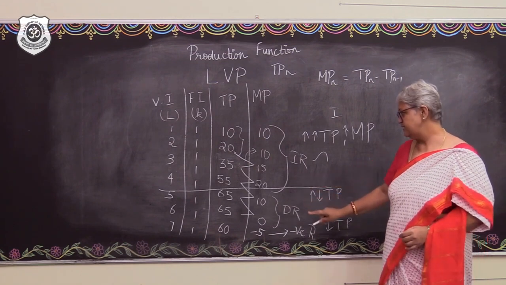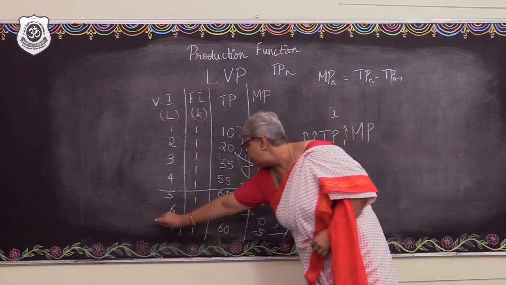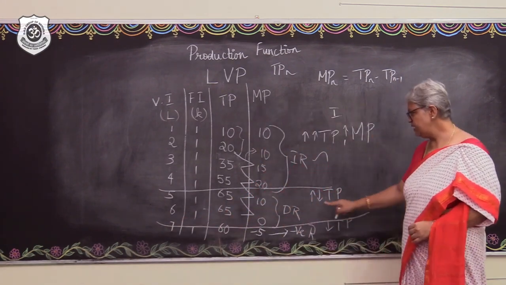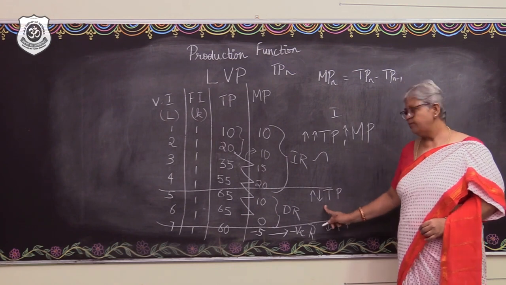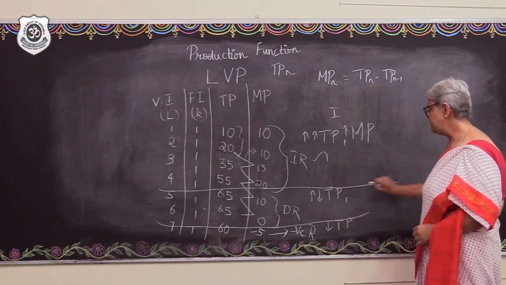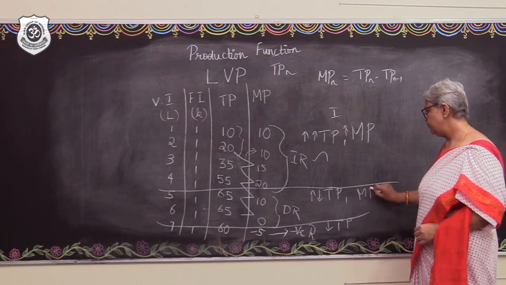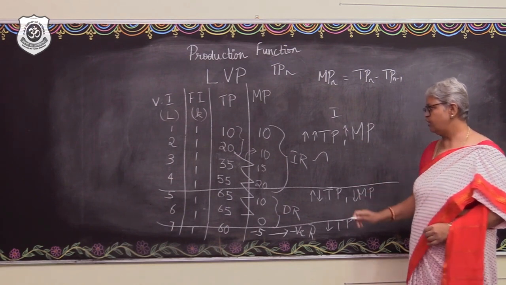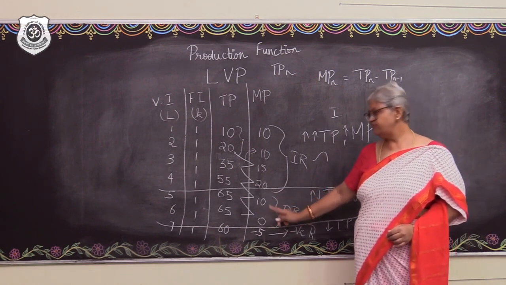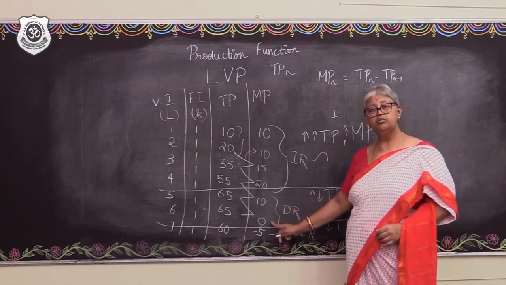After that, what do we have? After that, we have the decreasing returns phase, wherein the TP is still increasing, but it is increasing at a decreasing rate, indicating that the marginal product has started actually falling. Look at this, from 20, it has gone down to 10, and then from 10, it has gone down to 0.